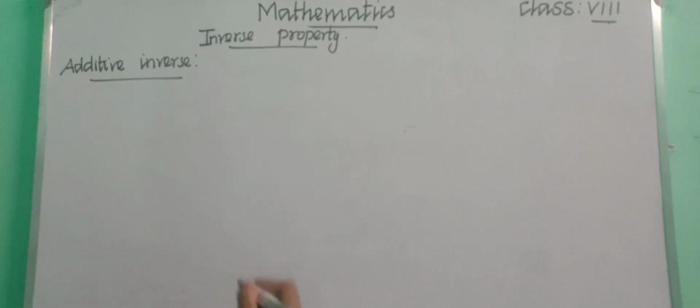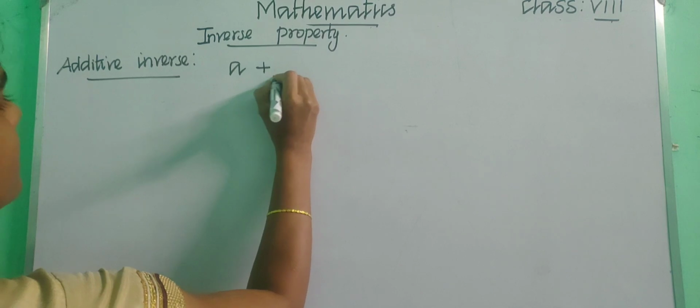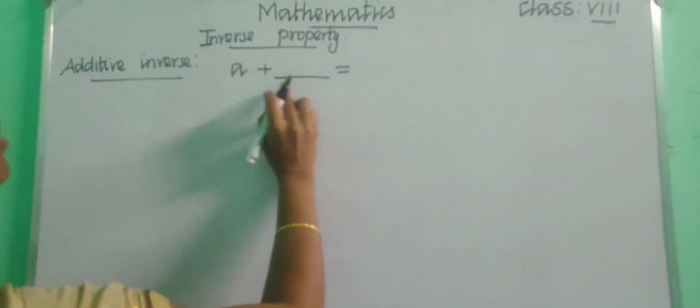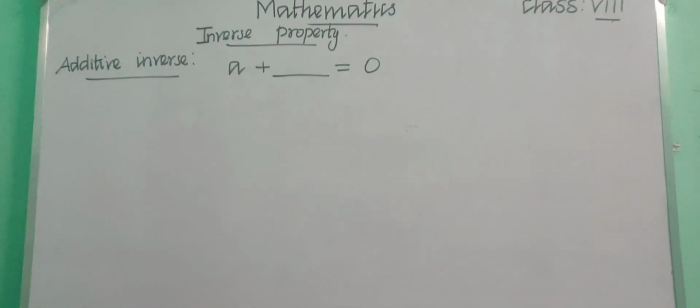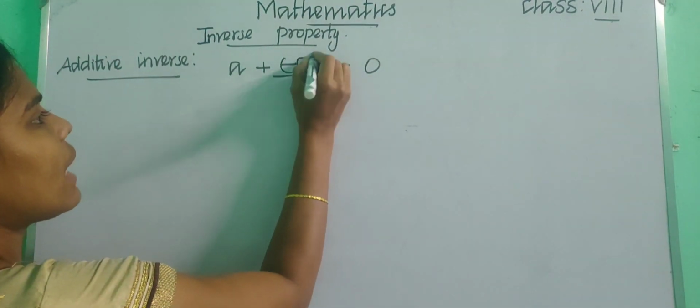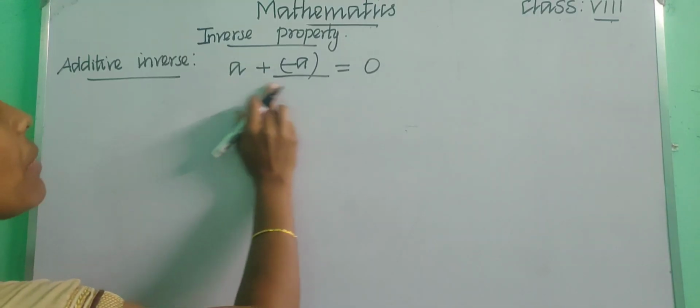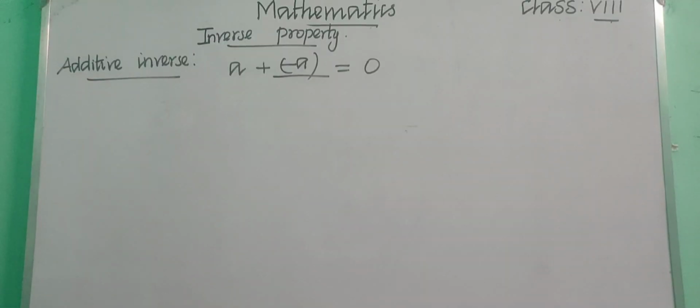Simply, if you are having a rational number A, let's find what will be added to this rational number to get 0. We need to add minus A, right? So A minus A equal to 0. So this minus A is the inverse of A. Okay, children, this minus A is the inverse. So this is called inverse.